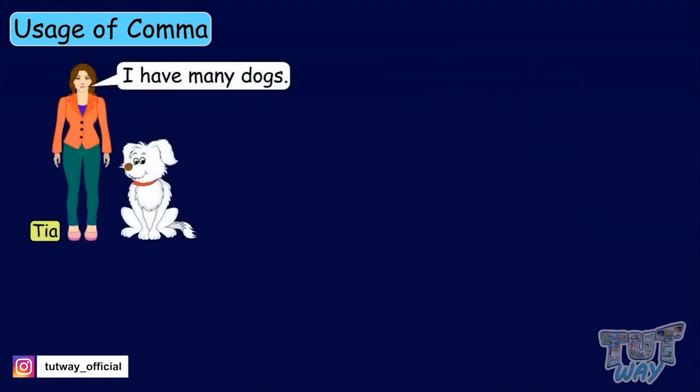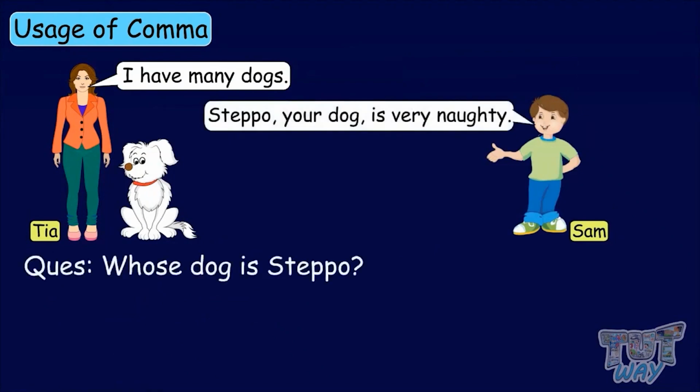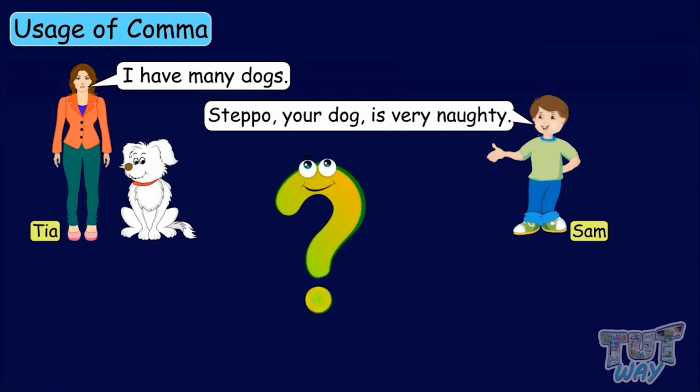Now here we have another conversation. I have many dogs. Steppo, your dog, is very naughty. Now whose dog is Steppo? It is Tia's dog. Now who is Steppo? Steppo is the name of a dog. How can we say that Steppo is a dog?